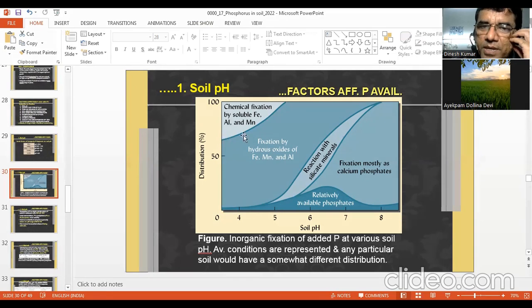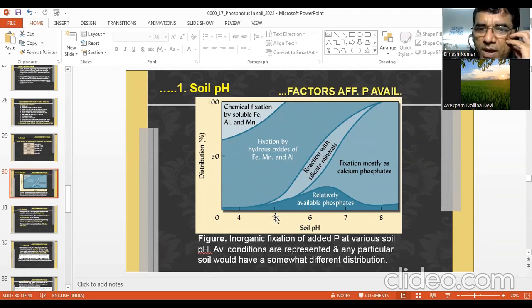As you increase the pH, the fixation decreases. Simultaneously, this is the proportion for fixation by hydrous oxides of iron, manganese, and aluminum. They fix a very large quantity.